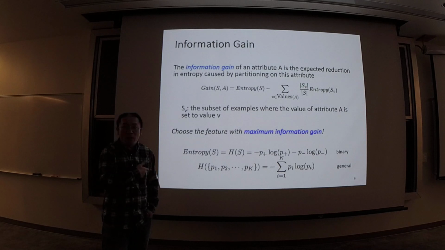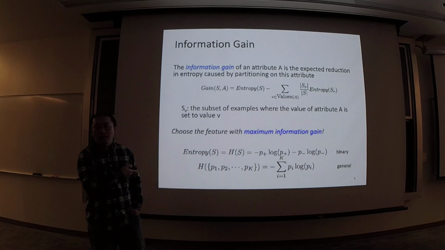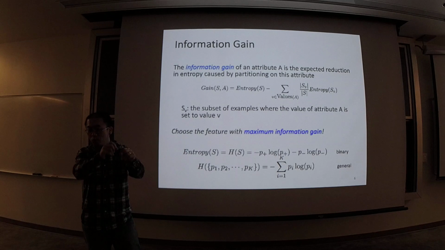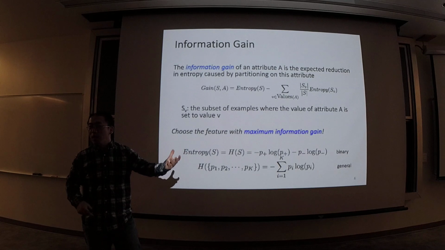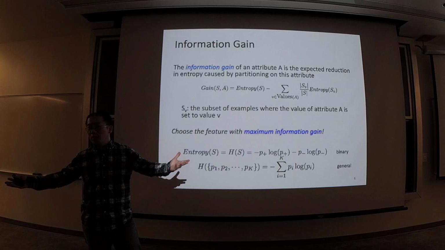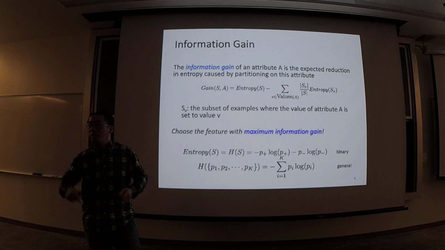Why is it rational to weigh the entropy of each subset according to their size? Suppose we have 100 examples. We have two subsets. One contains 100 examples, the other contains one example. The smaller subset definitely has the best purity, because it only has one example, one label.